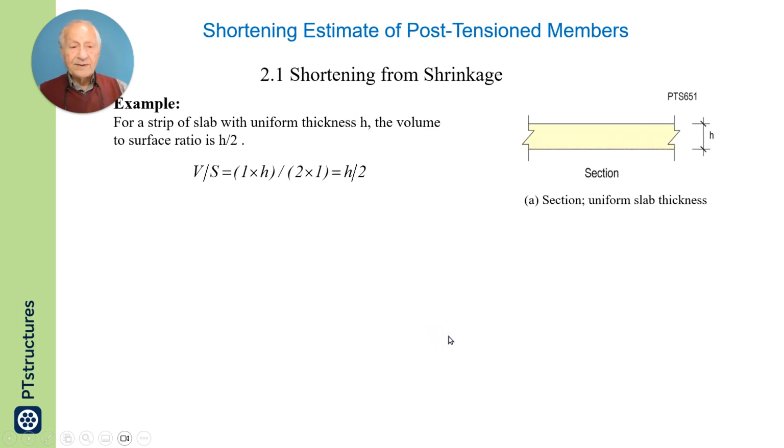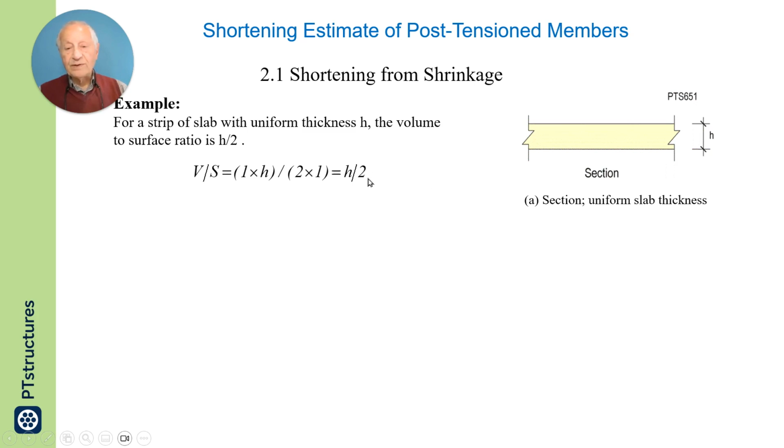Now let us look at this example. Here is a slab. For this slab of thickness H, what would be the volume to surface ratio? Obviously, the volume for a unit length of the slab is length times height, and the surface will be 2 times the exposed region.